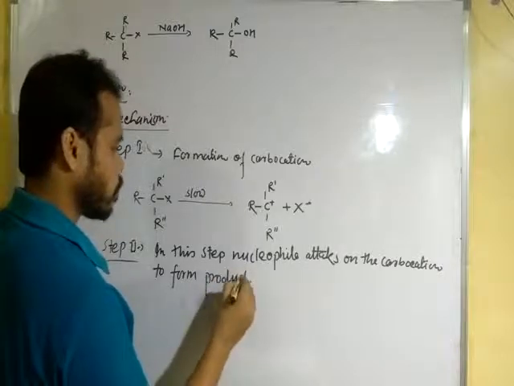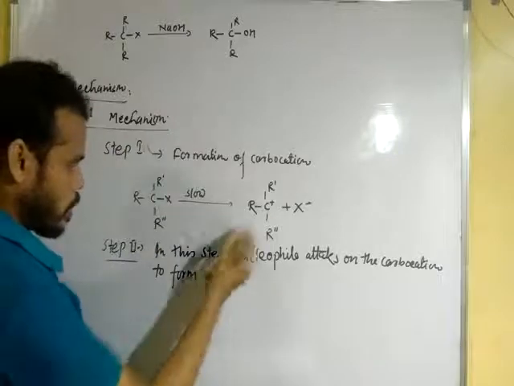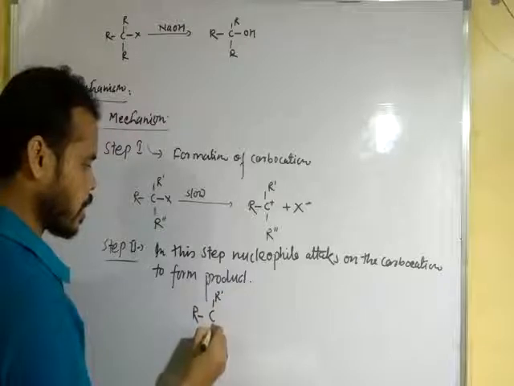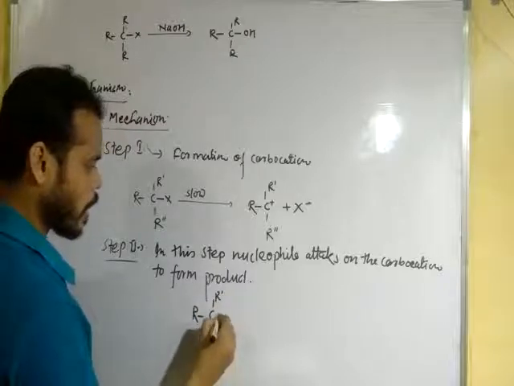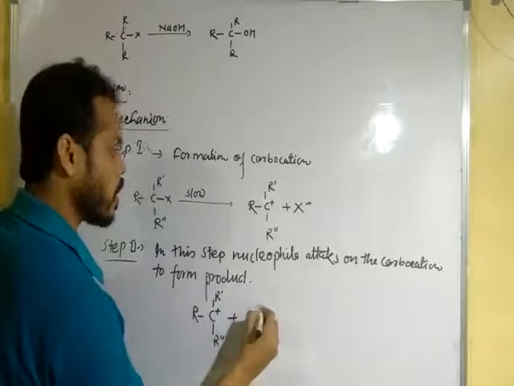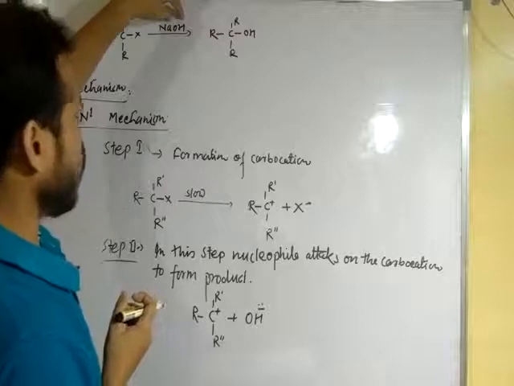See here. Here is the intermediate carbocation R, C, R', R'' positive, and the hydroxy group is the nucleophile coming from NaOH.